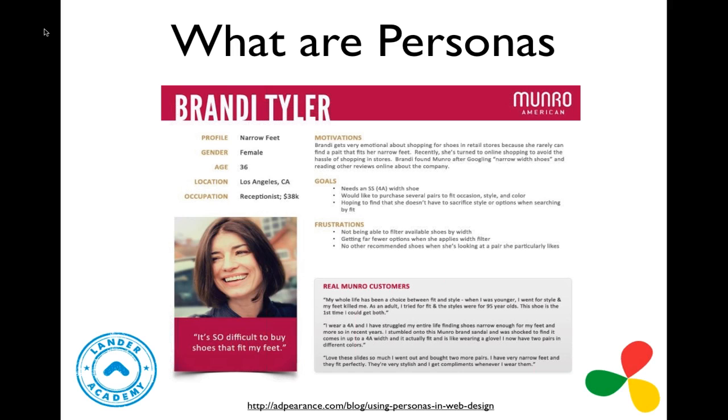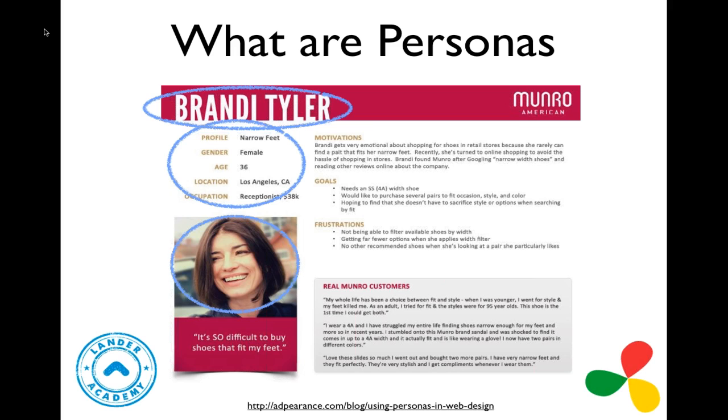What elements does this persona have? It has a name, a picture, very important, a picture to have a better emotional involvement with the persona. A background, sometimes a text, or it can be just demographic info.